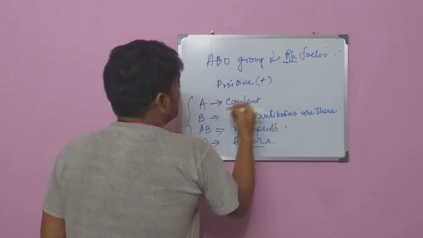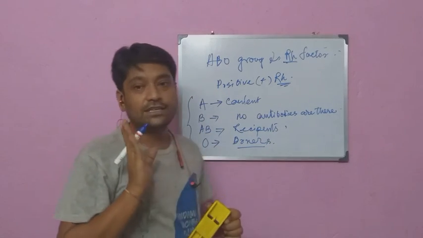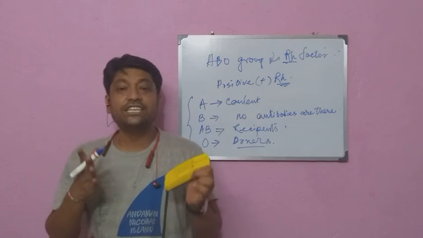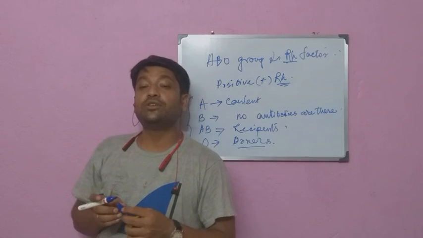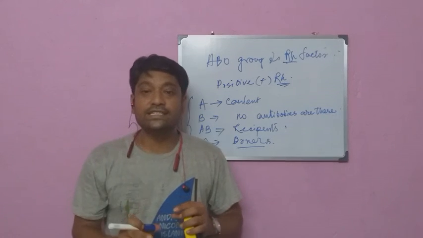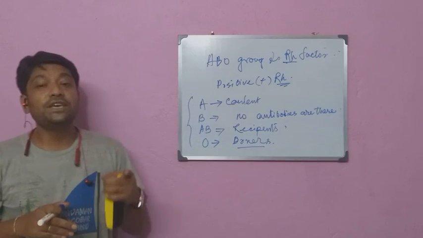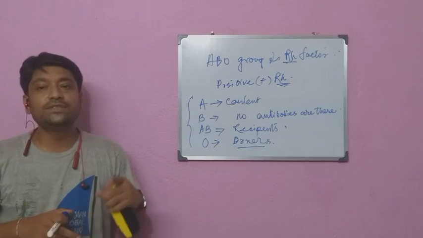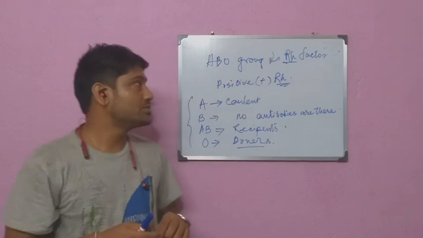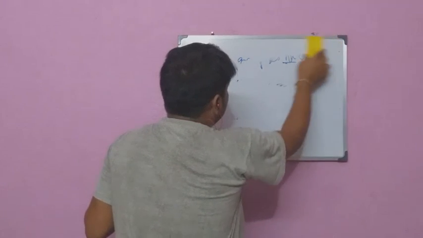If the Rh factor is absent, the individual is Rh negative and produces Rh antibodies. Therefore, compatibility between donor and recipient is crucial in this case as well. So these are all about the blood grouping system and Rh factors.